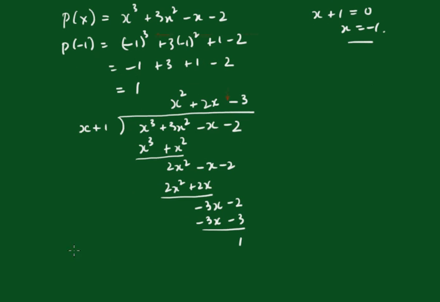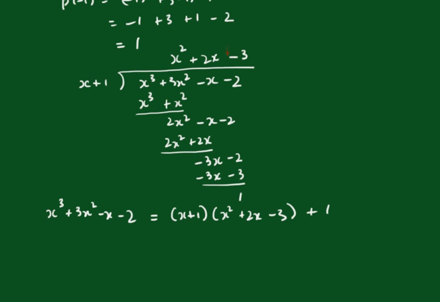So in other words, we can see that our dividend, x cubed plus 3x squared minus x minus 2, is equal to the divisor, x plus 1, times the quotient, x squared plus 2x minus 3, plus 1, the remainder. Just writing those out again. There's our dividend.